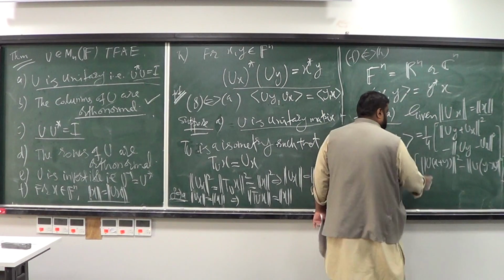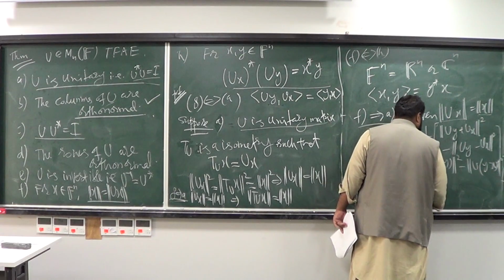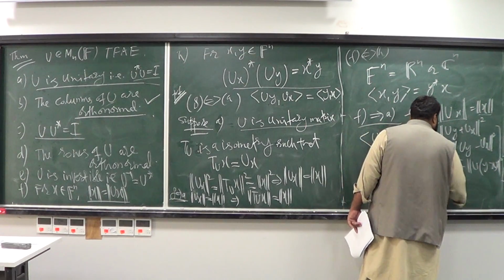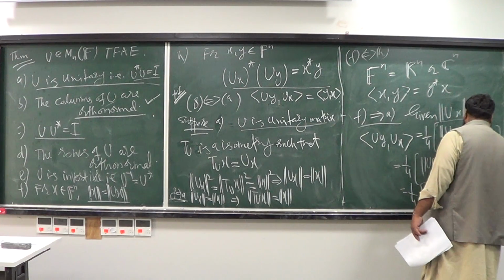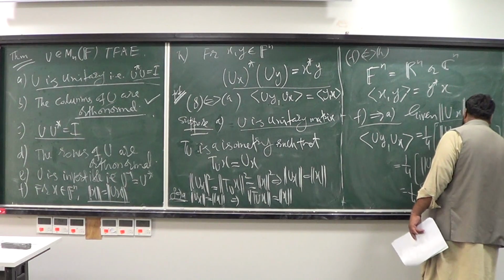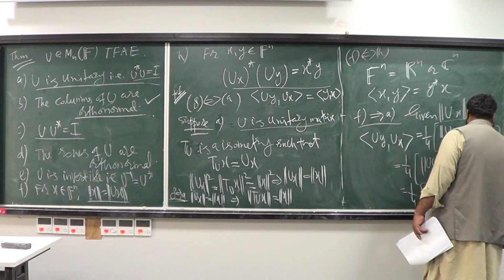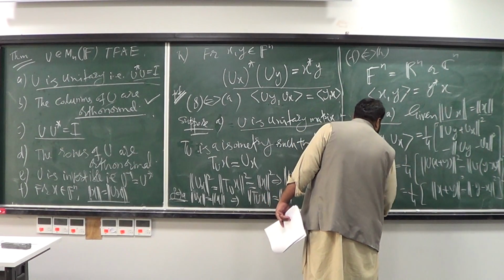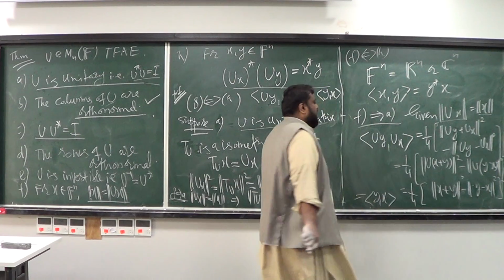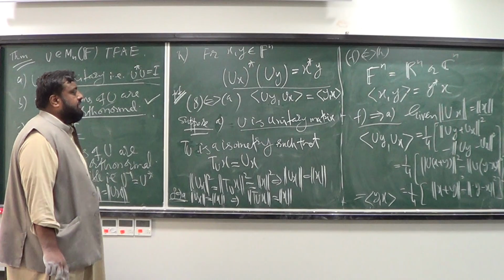So this must be equal to 1/4 of norm of x plus y minus norm of y minus x, and this is 1. And if this is the case, this is precisely equal to the inner product of y and x.